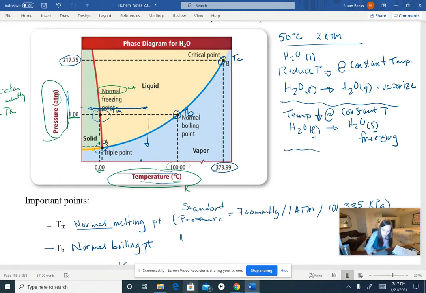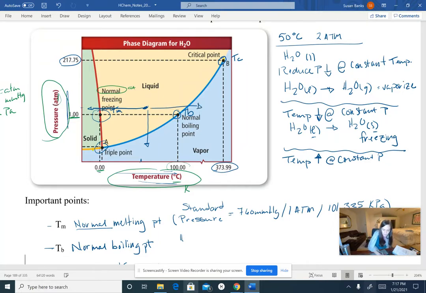Third scenario. I'm going to start once again right here at 50 degrees and 2 atmospheres. What if I take the temperature and increase it at a constant pressure? So that would be going this way.